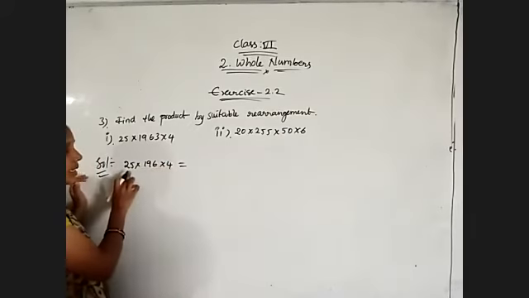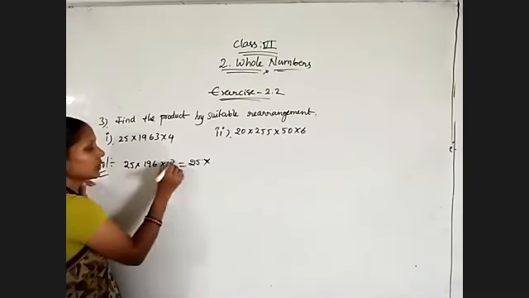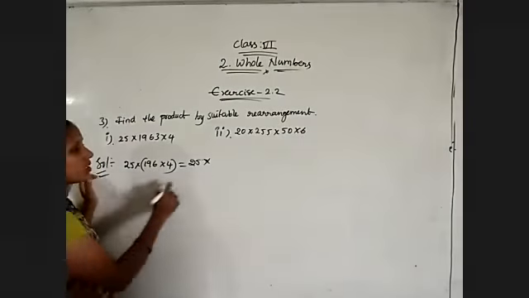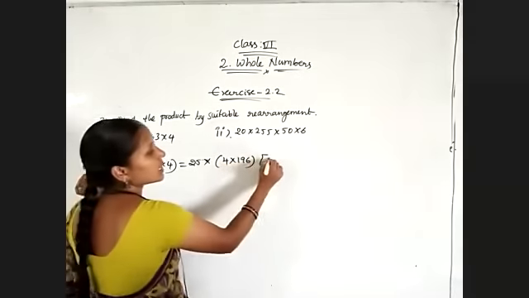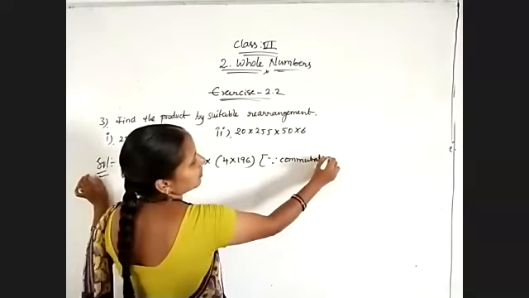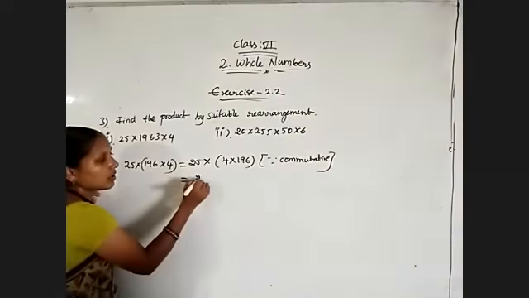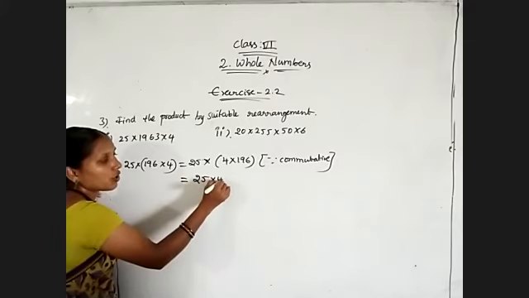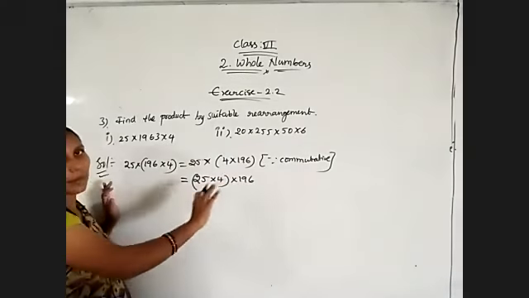First number we are not disturbing. 25 into these two numbers I am going to change. So 4 into 196. So it is commutative property over multiplication, which is equal to, now 25 into 4 I am keeping together, 196 I am keeping aside.